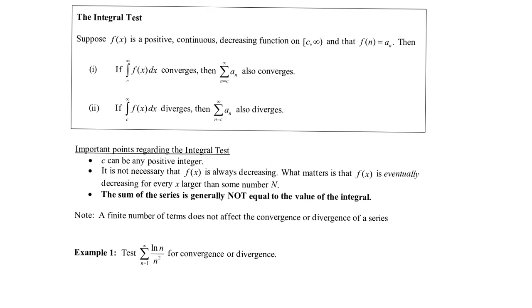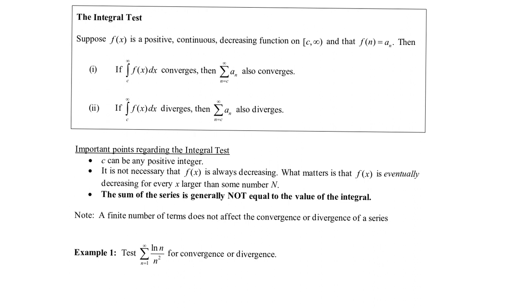And here it is. It says, suppose f of x is a positive, continuous, and decreasing function on this interval from c to infinity, and that f of n equals a sub n. That just means our series is going to ride along the top of this curve, where all of these integer inputs will have outputs that are on the curve.